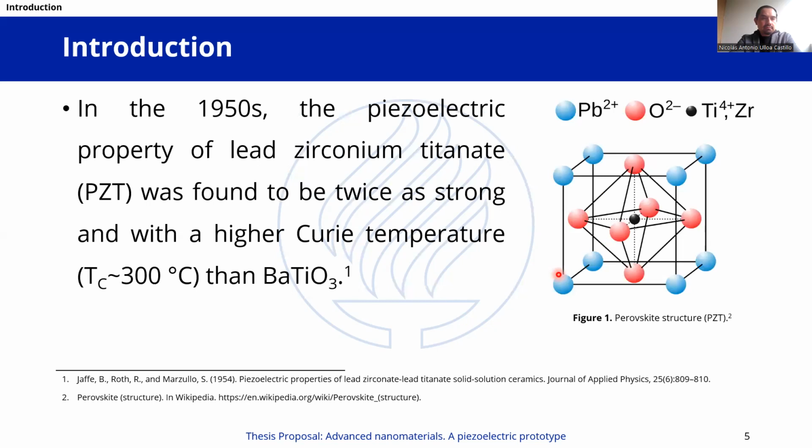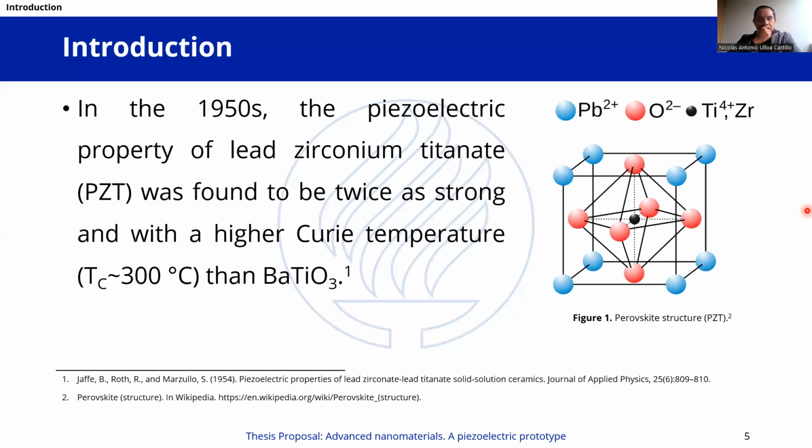These lead zirconium titanate solid solutions, or PZT, as I also have it there, with their remarkable properties, continue to dominate piezoelectric applications and obviously the piezoelectric industry. But let's remember that I was mentioning something about the crystal structure of this kind of piezoelectric materials.